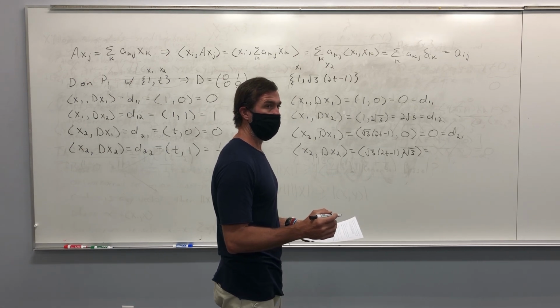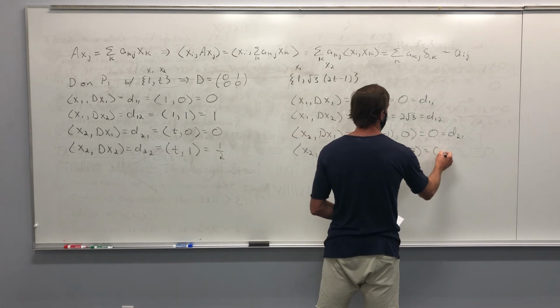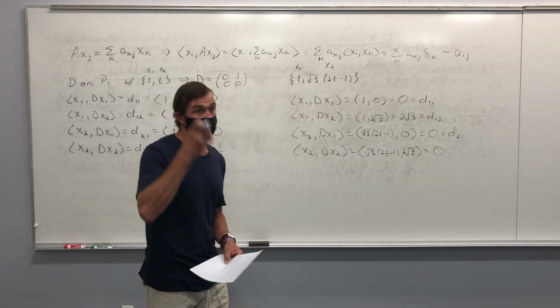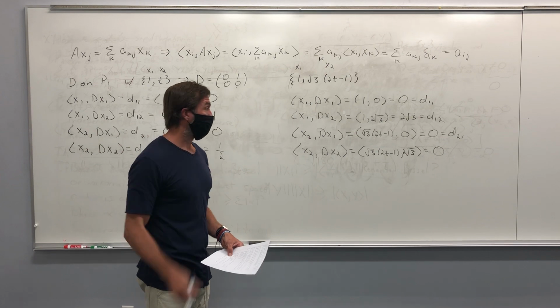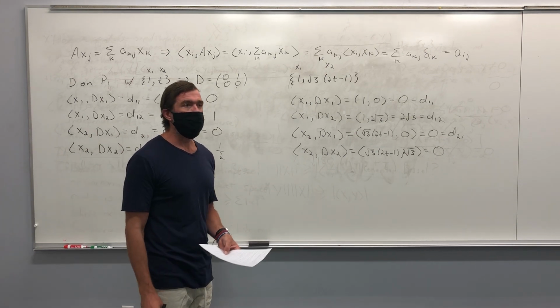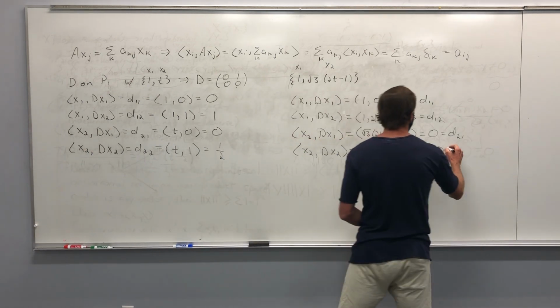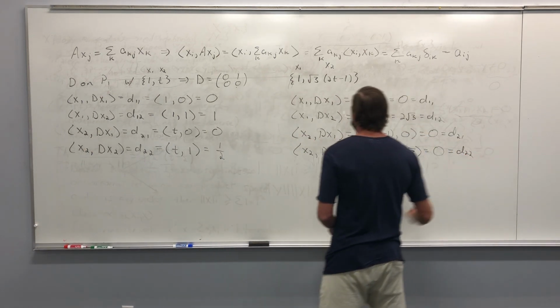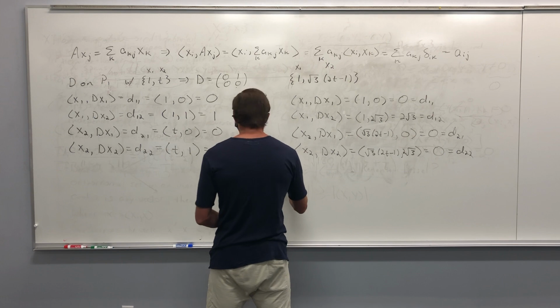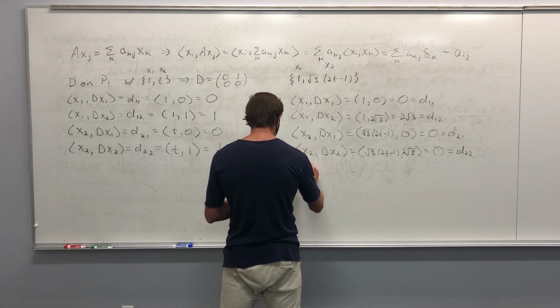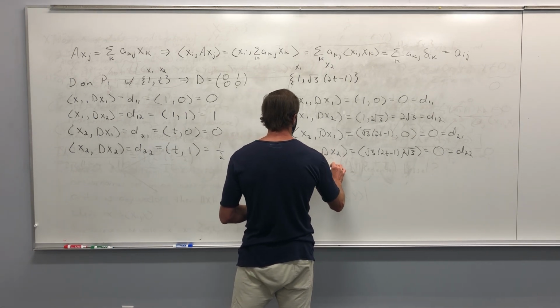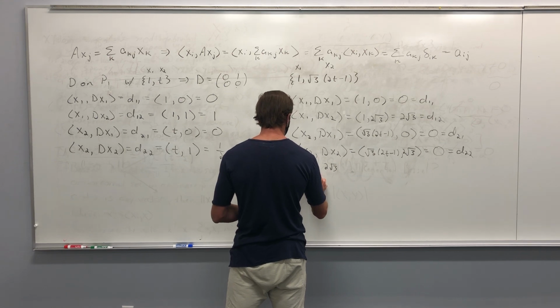Any takers? Work it out. You'll get 0. That's the d22. So my D in this case is just 0, 2 root 3, 0, 0.